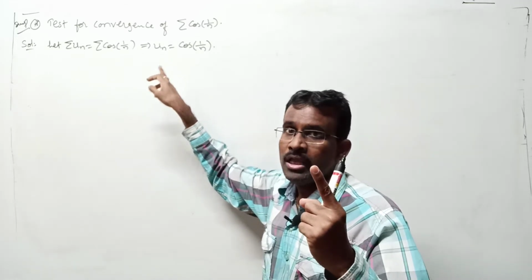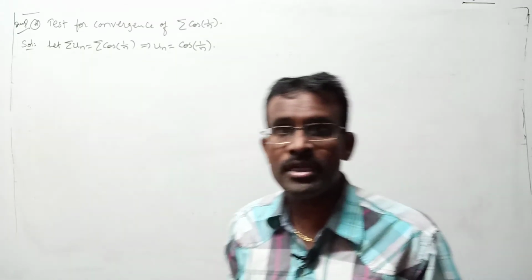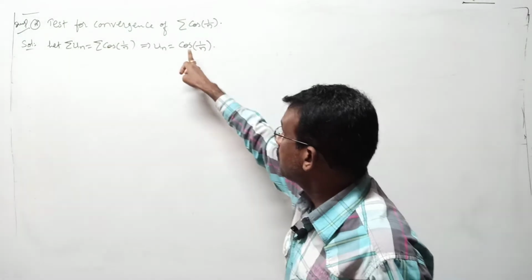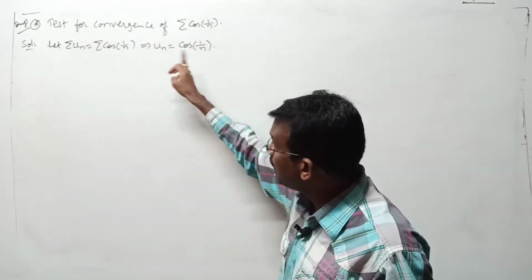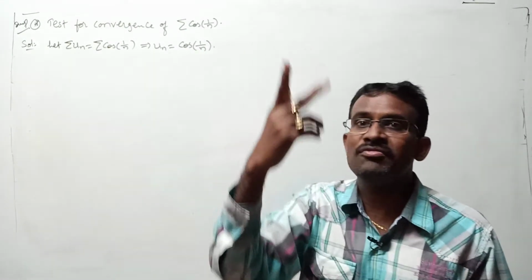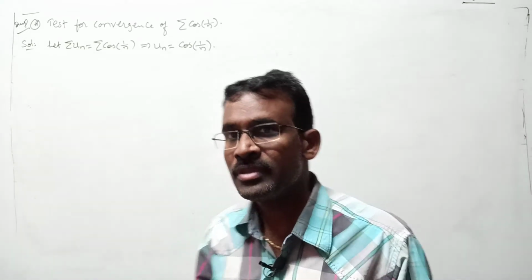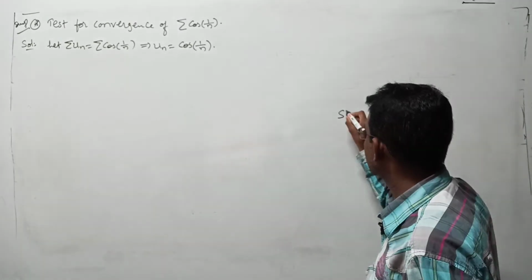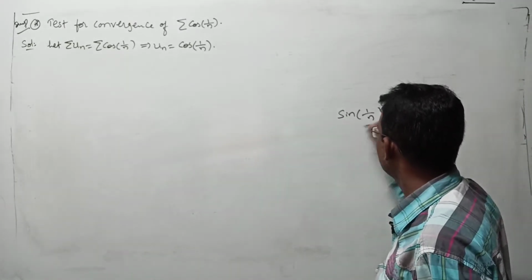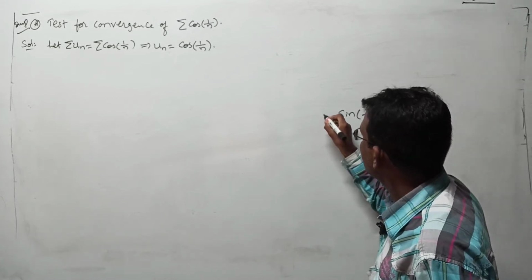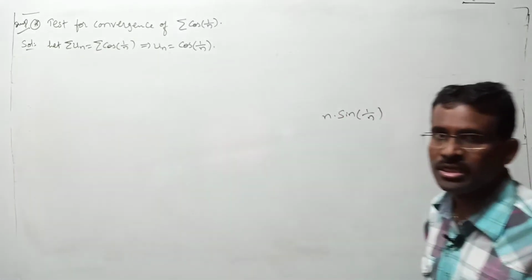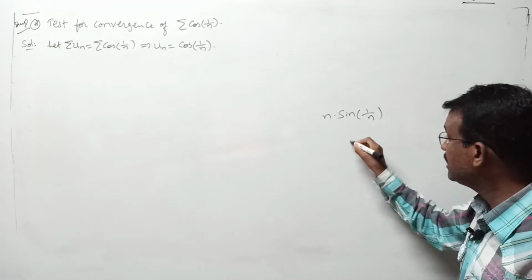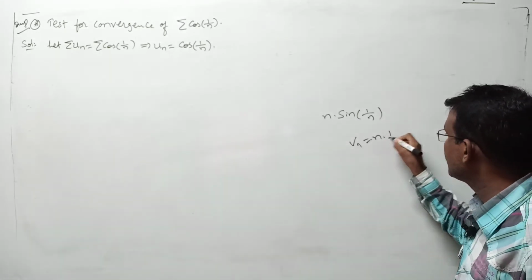Right? If sin or tan ratios are there, the sin ratio inside part and its coefficient product, take as Vn. Understood or not? Suppose sin of 1 by n is there, like n into sin 1 by n, you have to proceed Vn as n into 1 by n.